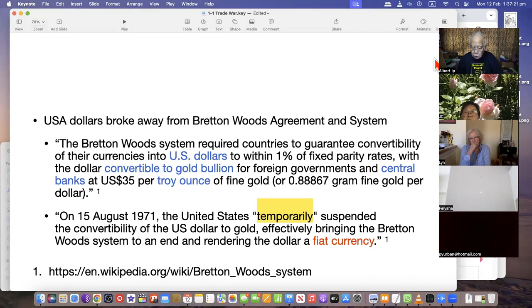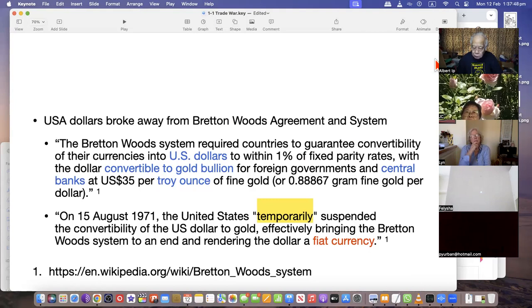So the dollar was backed up by gold. It also required all the participating countries to keep their currencies in line with the US dollar within 1% of the fixed rates. So that was the Bretton Woods system.